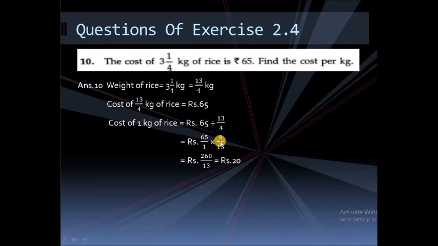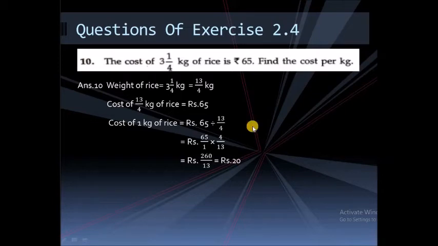Numerator is multiplied with numerator, it becomes 260, and denominator with denominator, it becomes 13. Both of these are divisible by the table of 13. So my result will be rupees 20. That means 1 kg of rice costs rupees 20.